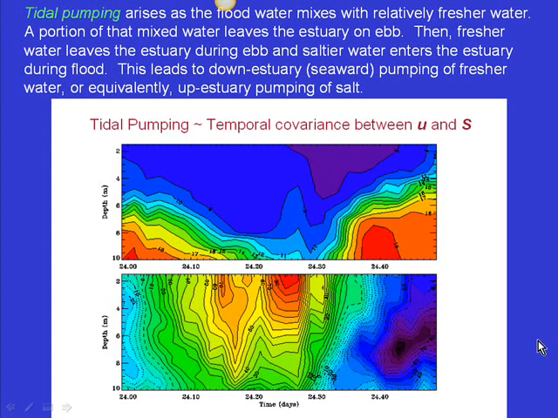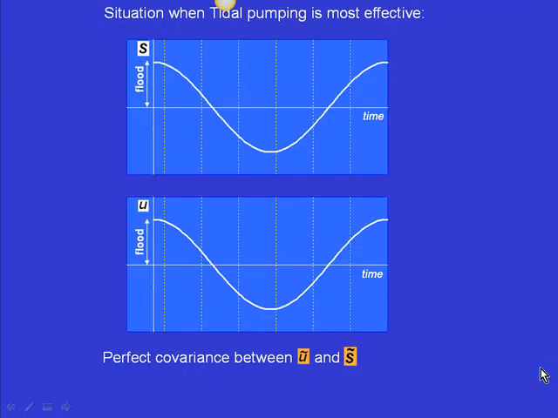In a simpler case, you'd have something like this: the salinity fluctuating with the tidal cycle like that, and the flow changing together with the salinity as you see here. The maximum salinity is achieved during maximum flood, and the minimum salinity during maximum ebb.